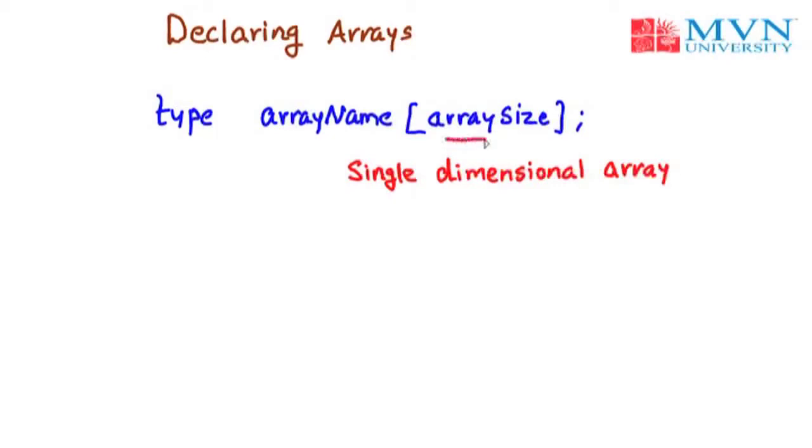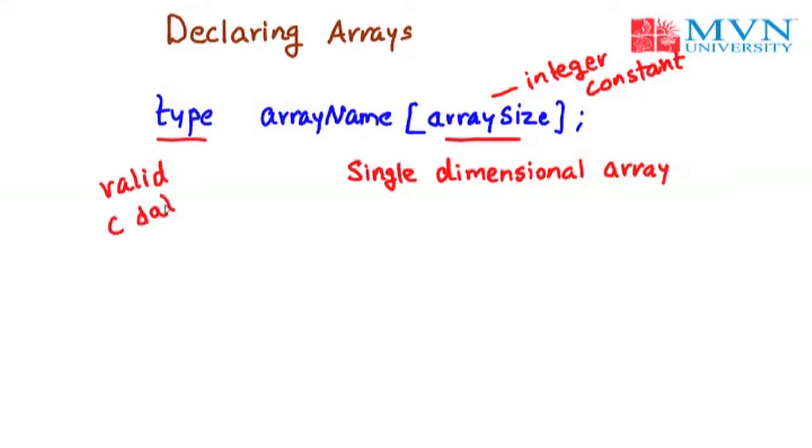This array size must be an integer constant greater than 0 and the type can be any valid C data type. For example, to declare a 10 element array called balance of the type double, we will write double, that is the data type, then the name of the array, that is balance, and its size should be specified in the square bracket, that is 10, semicolon.